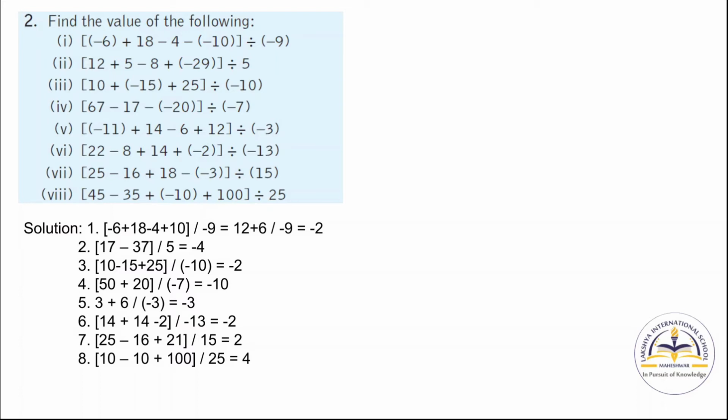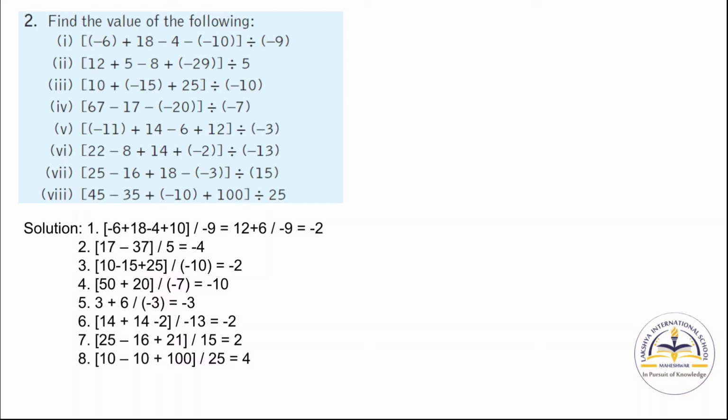So minus 6 plus 18 minus 4 plus 10. First we will solve minus 6 plus 18, we will get 12. Then minus 4 plus 10, we will get 6. 12 plus 6 is 18. 18 divided by minus 9, we will get minus 2 as the answer.